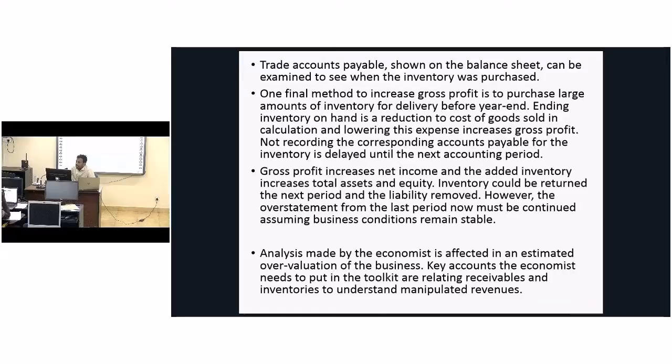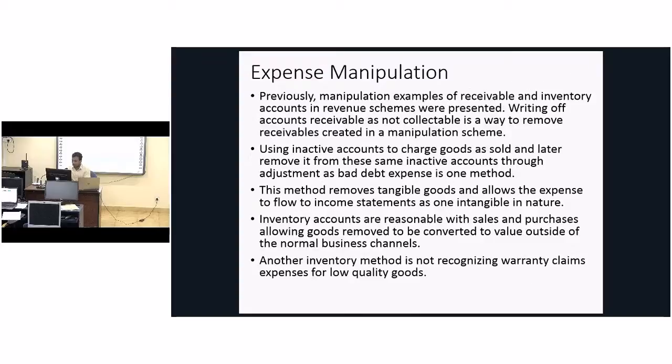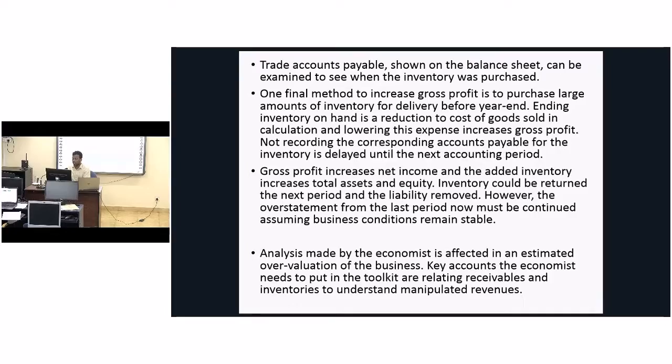Trade accounts payable shown on the balance sheet can be examined to see whether inventories were purchased. Recently I met a good scenario relating to this. Some people actually cancel; I'll come to that point later in the balance sheet area. And sometimes there is another way of overestimation or underestimation of inventory.